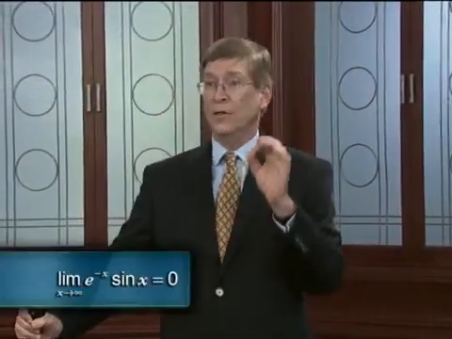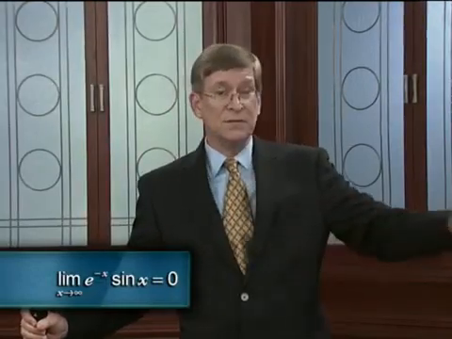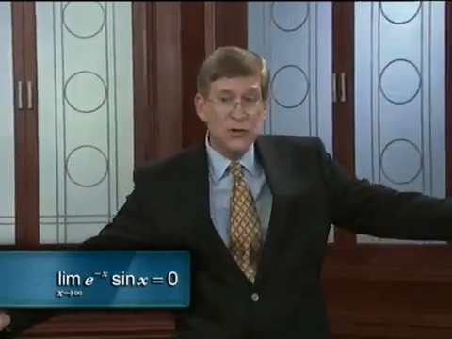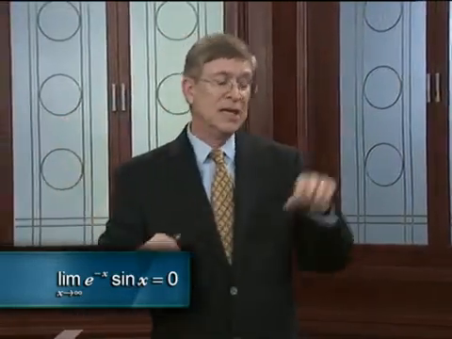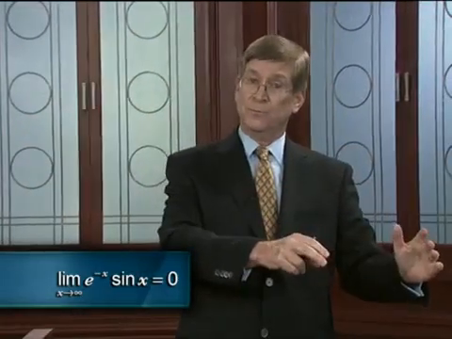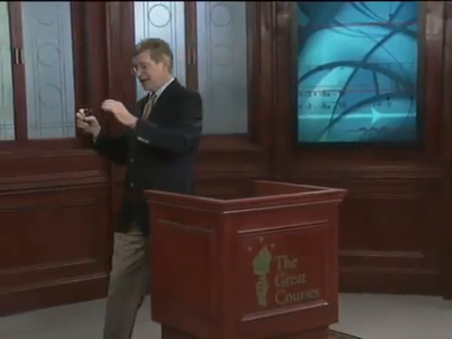Here's how you would write this in a calculus textbook. The limit as x approaches infinity, that means x getting larger and larger, of the function e to the minus x times sine x equals 0. That means that as x gets larger and larger, that product gets closer and closer to 0. That's what that notation limit means, L-I-M. We'll see that notation again in a moment.